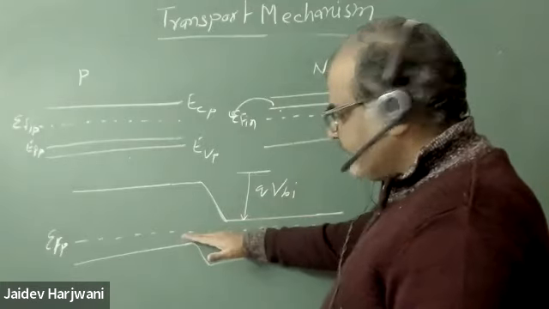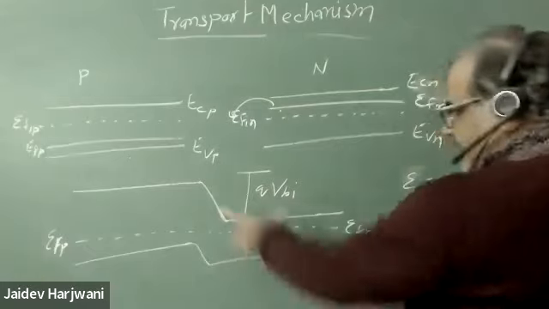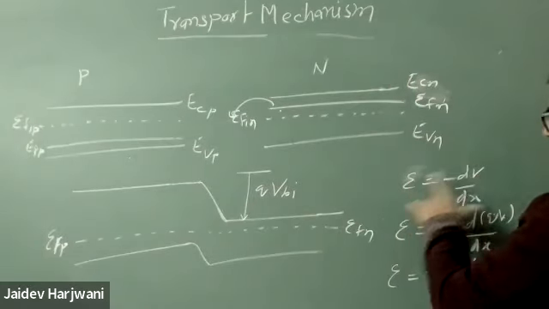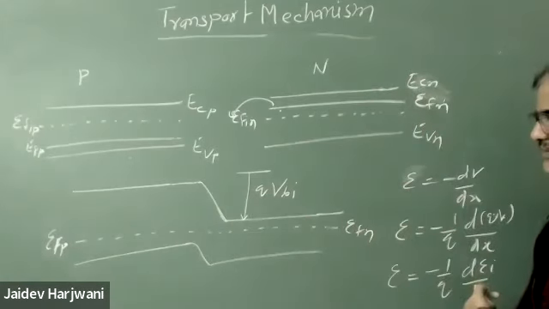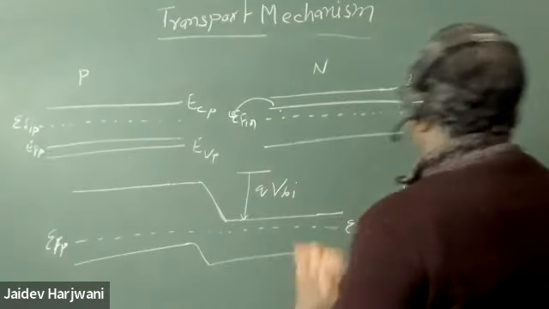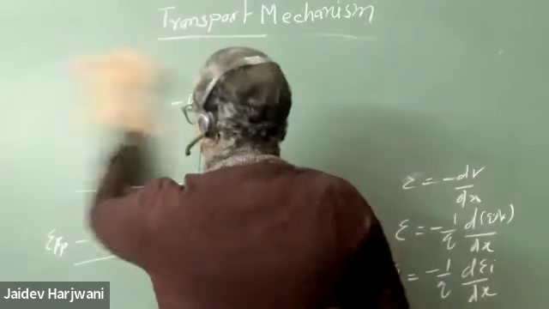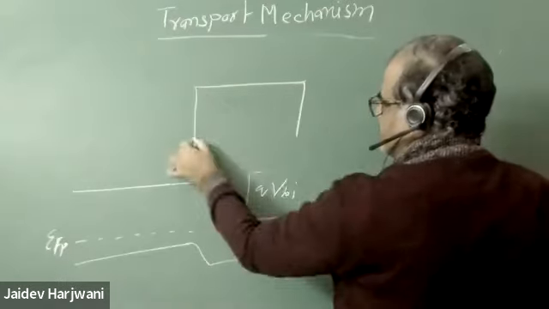So there is no gradient of Fermi level, but since there is a potential here, there is a potential difference and an electric field, there should be a gradient of energy level using this equation. And this potential, what I have shown you in the diagram, where you have this PN junction, P and N, with minus on one side and plus on the other.